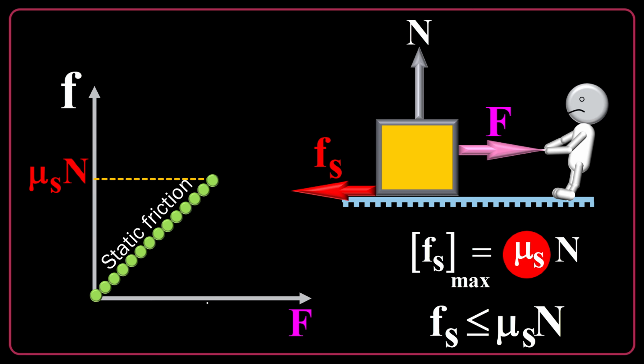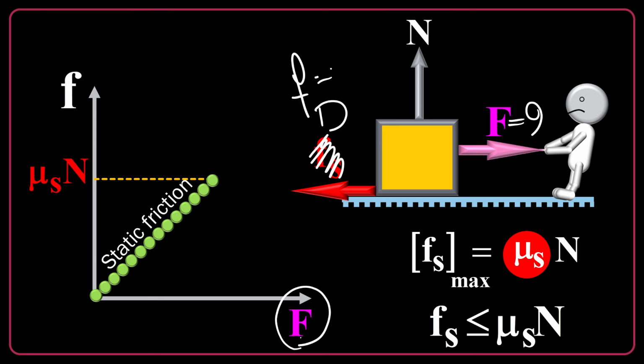Okay, what if I increase my force? You can increase your force, no problem. Let's say Fs is 8 and then F is 8. I increase the force to 9. This will be a different thing. It's not Fs anymore. It will be dynamic friction, and dynamic friction will be mu d times normal force. You learned it.